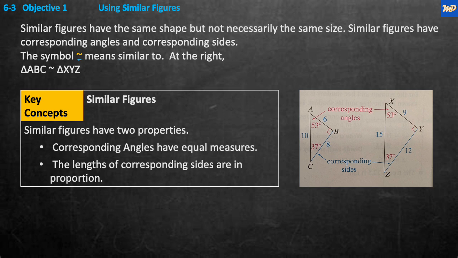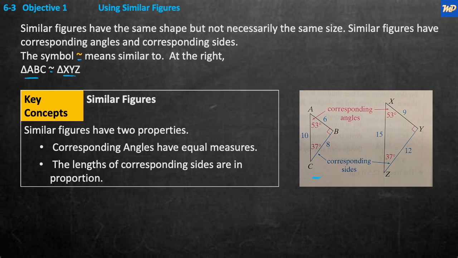At the right, triangle ABC is similar to triangle XYZ. I said approximately a moment ago, but it's really similar to, not approximately. It means similar to. So here the triangles are on this side.